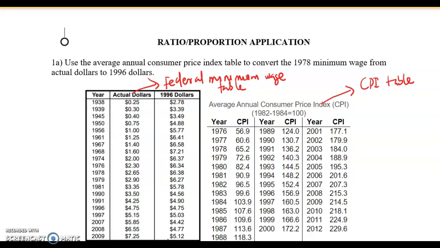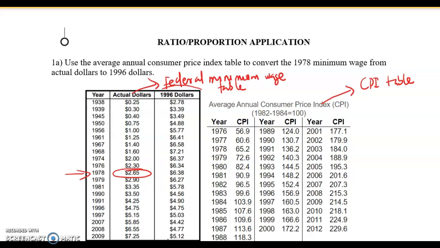So now we have the actual dollars for 1978 to be 2.65 cents, and you want to convert that to 1996 dollars. The trick here is that we are not going to use this 6.38 cents in our calculation.